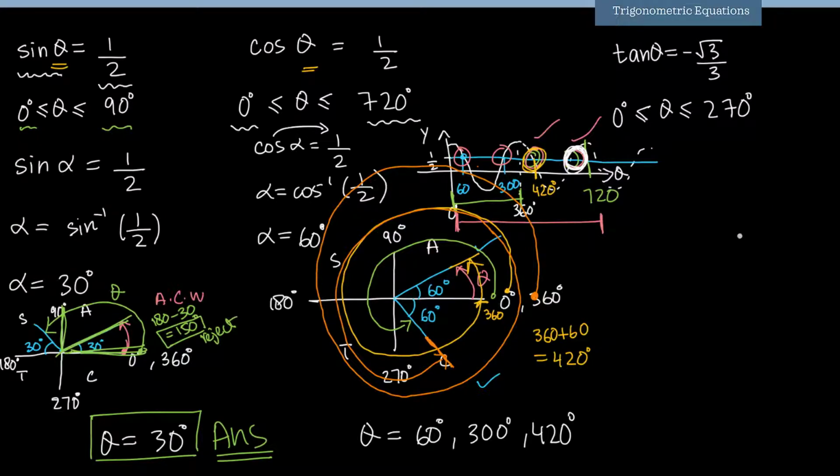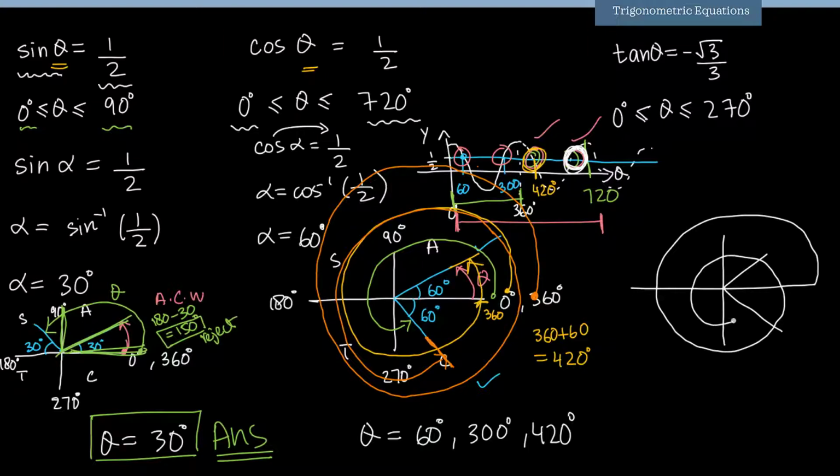Well, if I draw this neatly over here, this is my line. This orange angle looks something like this. And this is 0 degrees here, this is 90 degrees here, this is 180 degrees here, this is 270 here, and back over here I'll get 360 degrees.